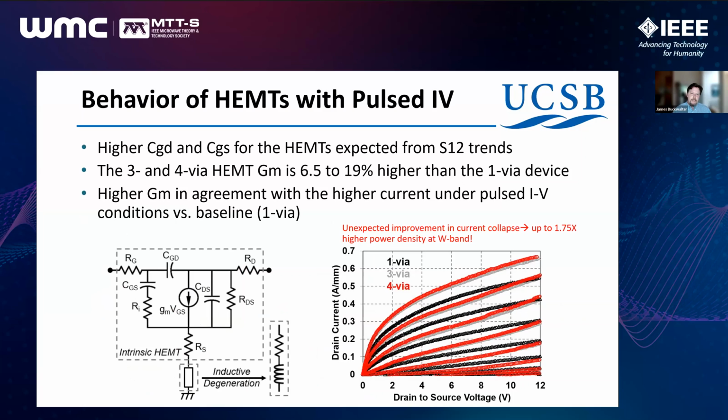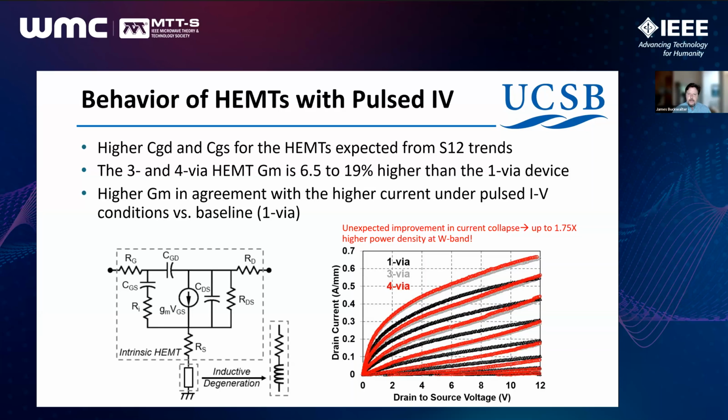We did expect the S21 and S12 behaviors from the last plots, but when we looked at the IV plot in this curve on the lower right, the 3 and the 4 via devices compared to the 1 via device have much higher drain current, much higher Imax relative to the one via device. And this is going to ultimately show up as higher power density.